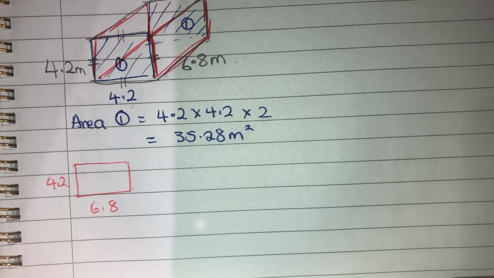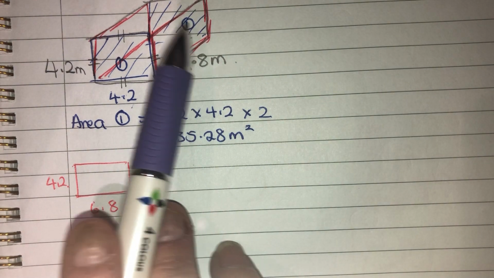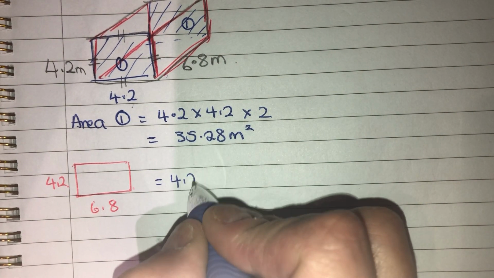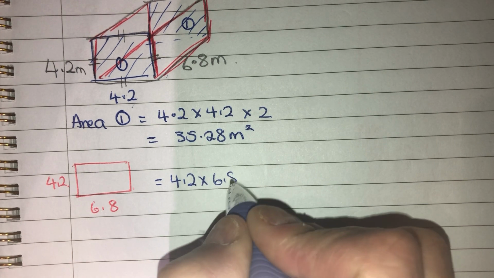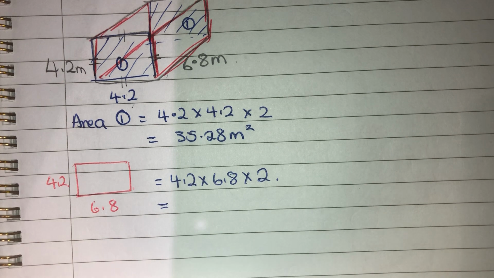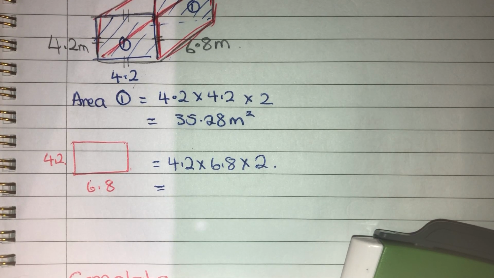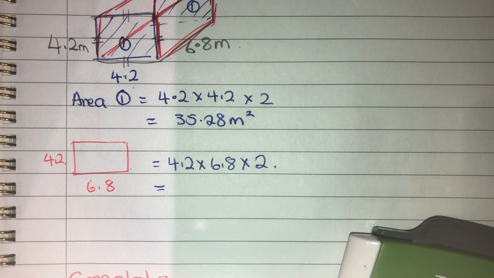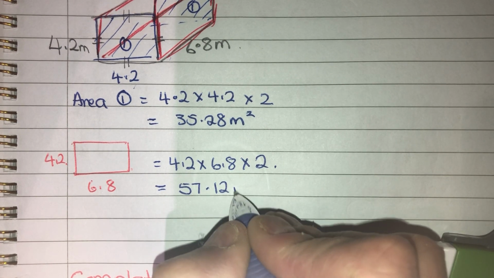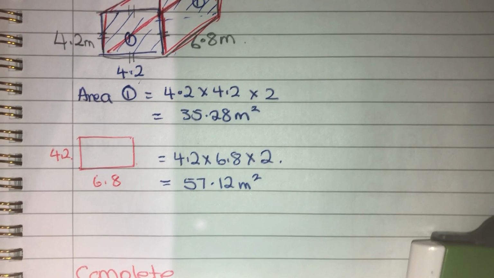Can you see from the diagram? You have 1 on this side and 1 on that side. So it's going to be 4.2 times 6.8 multiplied by 2, because there are 2 of these sides. Okay, so 4.2 times 6.8 multiplied by 2 is 57.12 metres squared.